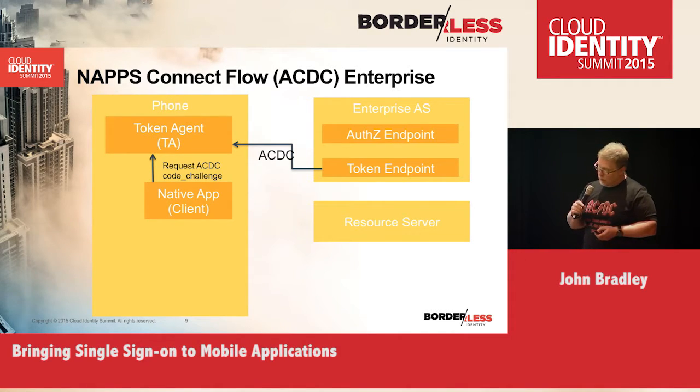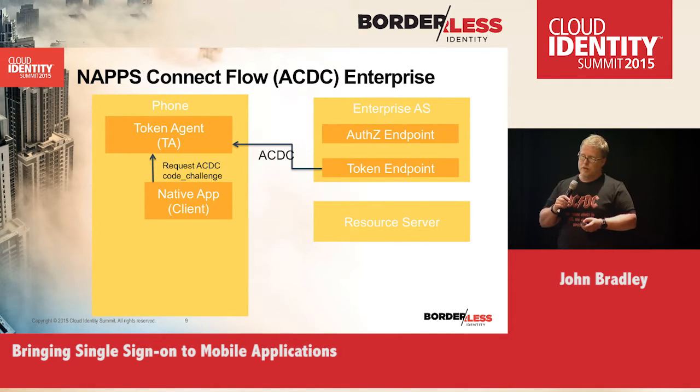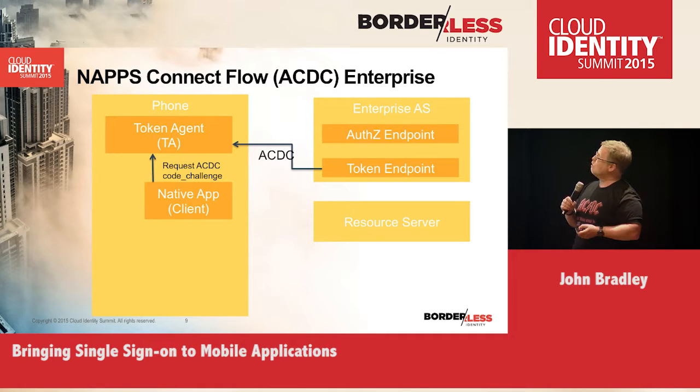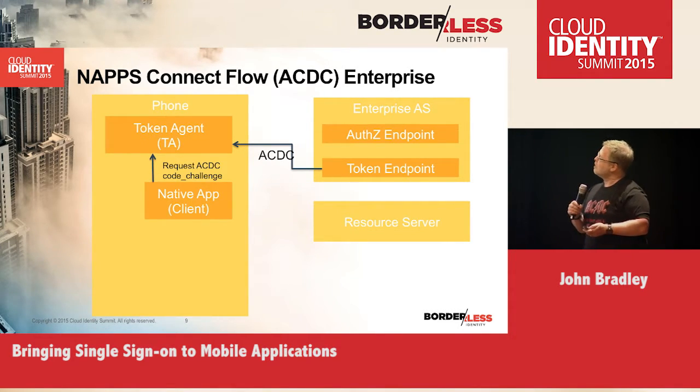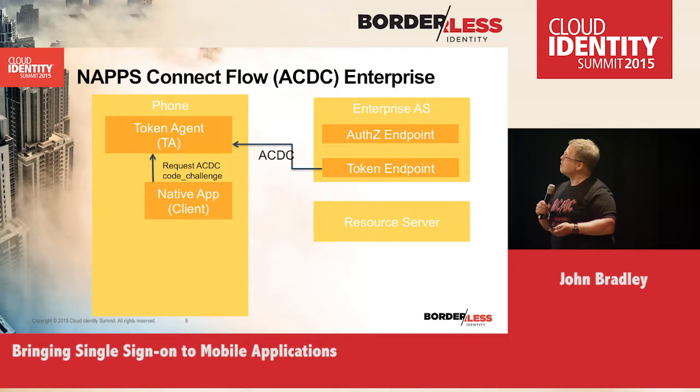So in PKCE, there's essentially a SHA-256 cryptographic transform, so that even if you get the code challenge, unless you have all the time in the universe, brute forcing that to figure out what the code verifier is isn't practical. So it's a bit like a one-time password hash. It's as simple cryptography as we could come up with, so that we could get developers to do it, but it actually is pretty strong.